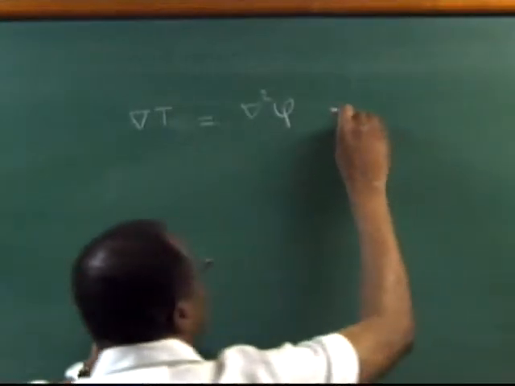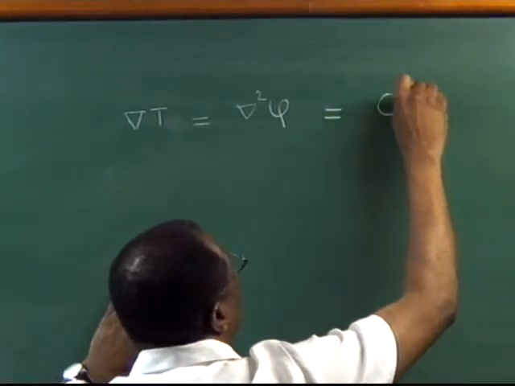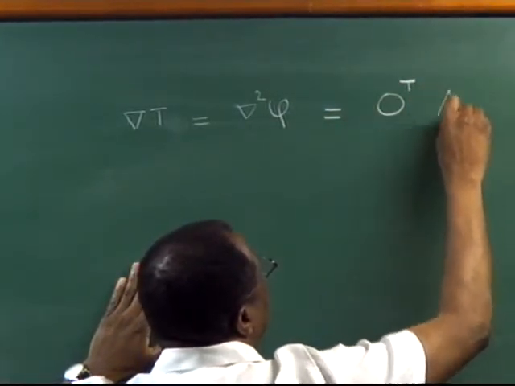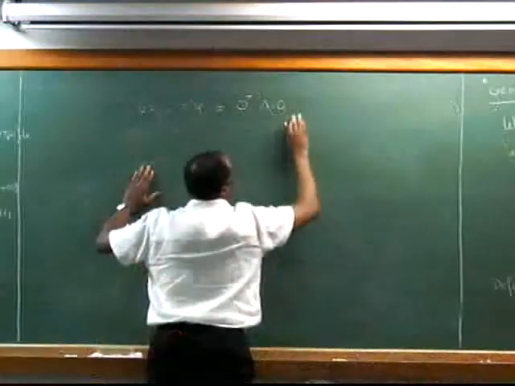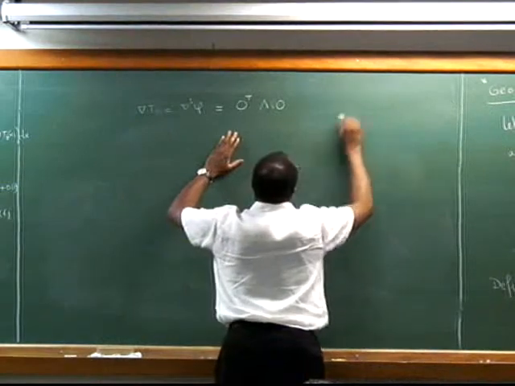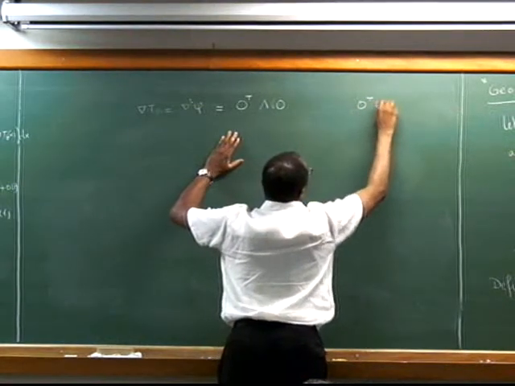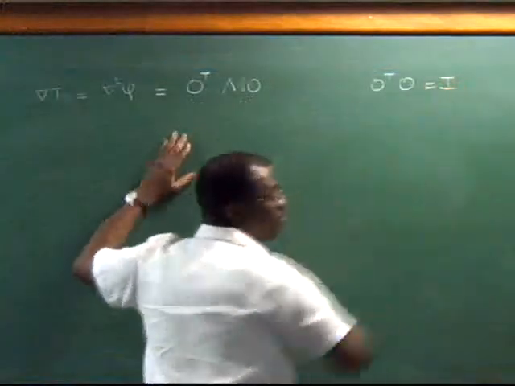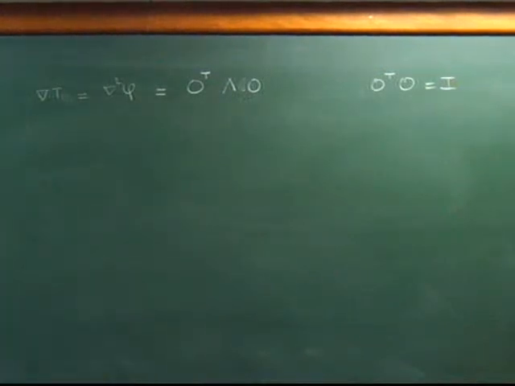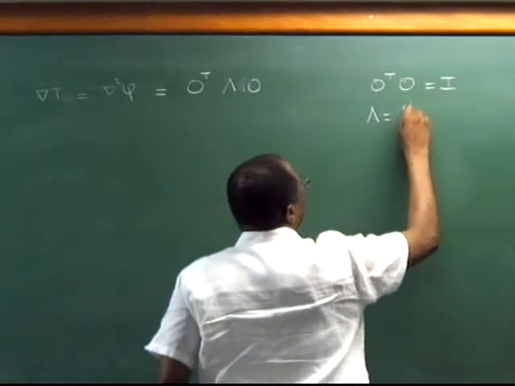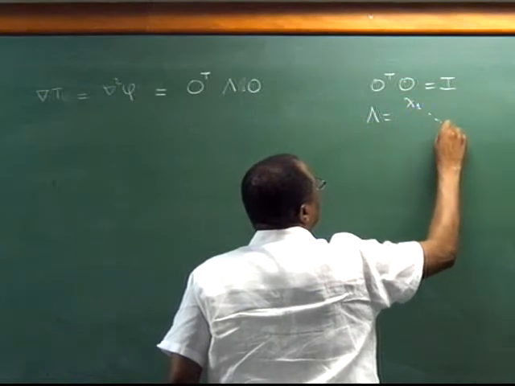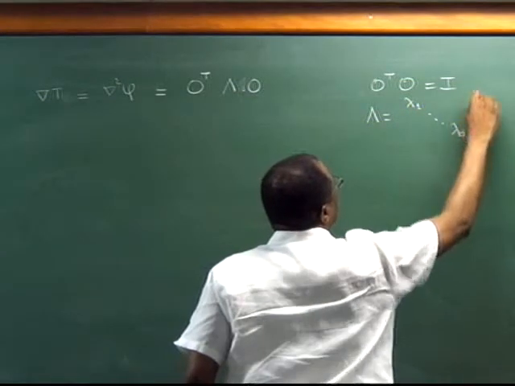So I can write this as O transpose times a diagonal matrix times O, where O is orthogonal. O will depend on x, lambda will depend on x, and lambda is the eigenvalue, lambda 1, ..., lambda d.